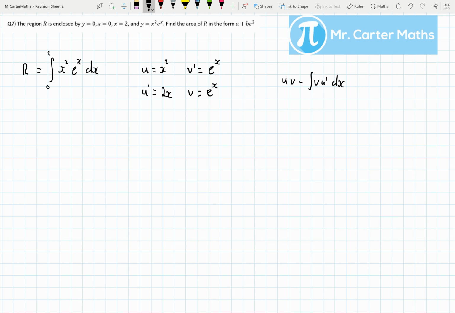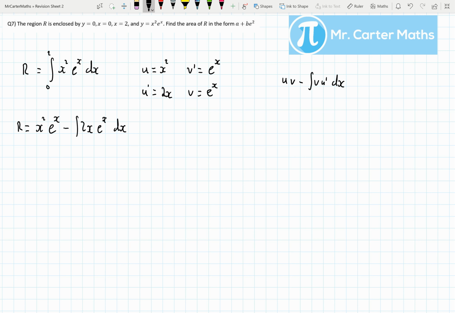So applying that formula here, I can say, well, R equals uv, which is x squared e to the x minus the integral of vu dash. So that's going to be 2x e to the x dx.